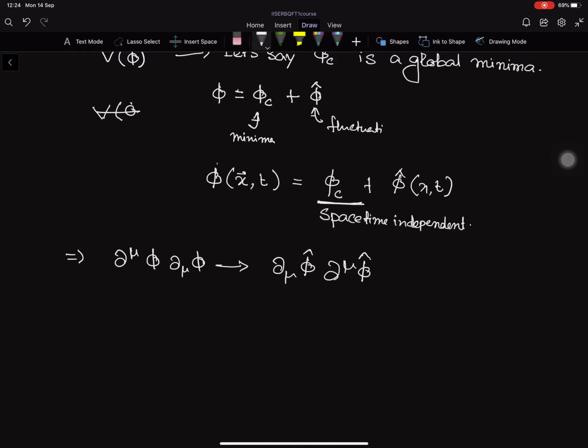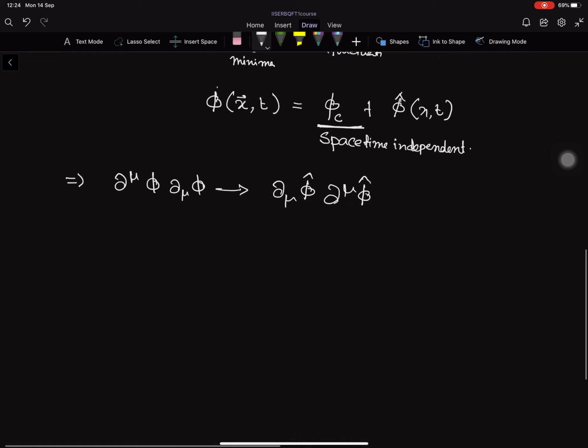And the potential term V of phi is V of phi c plus phi hat, the fluctuation.